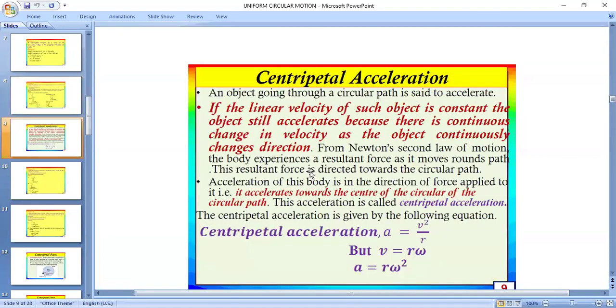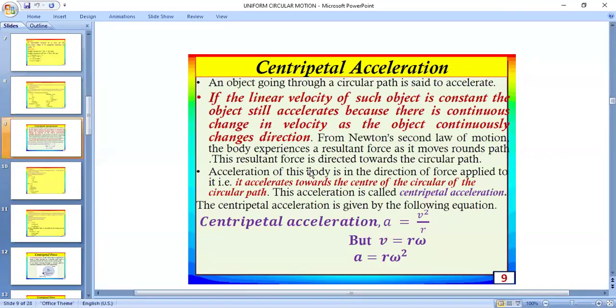So let's move to centripetal acceleration. Just like in linear motion, we have acceleration a. In uniform circular motion, we also have acceleration a.